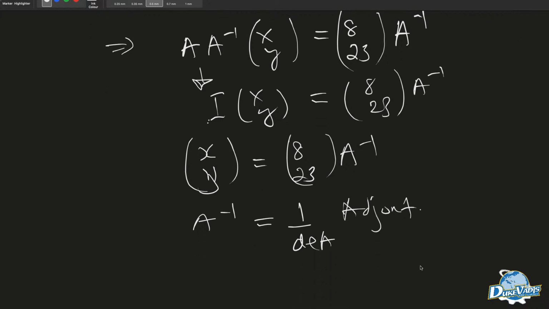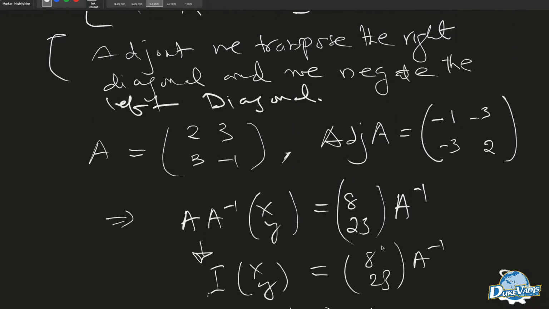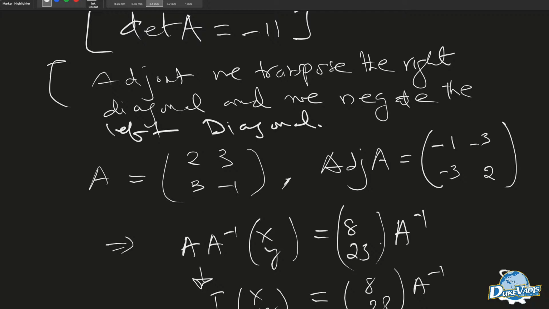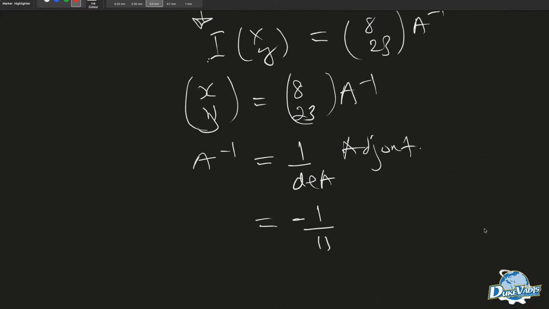So this is equal to, the determinant we got was negative 11, so this will be minus 1 over 11 multiplying by the adjoint, which is this. We put it back into the equation.